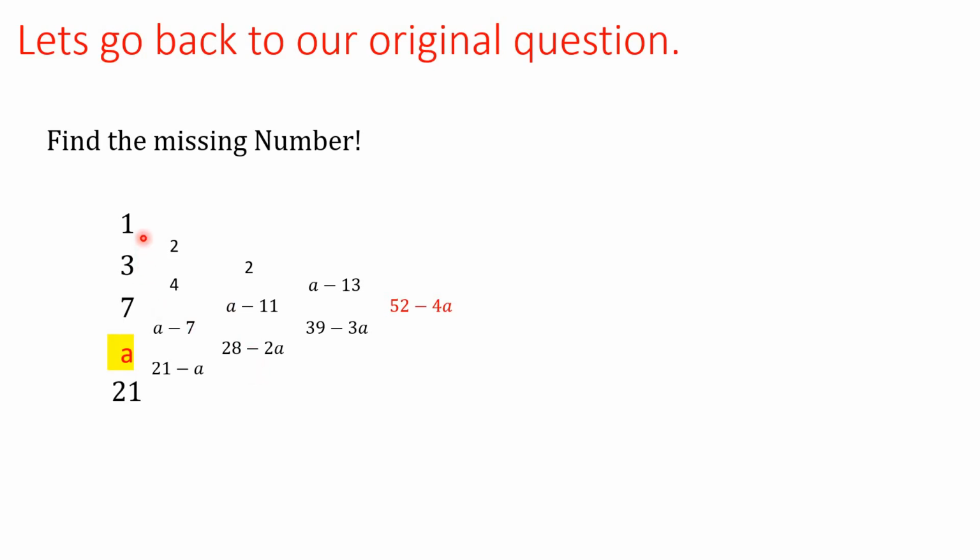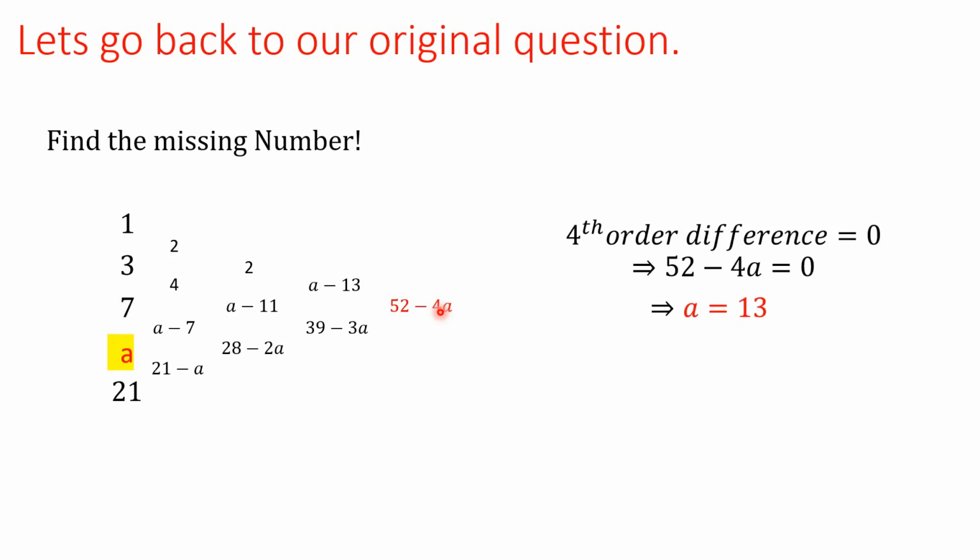Even though there are 5 numbers in the sequence, 1, 3, 7, a which is unknown and 21, this number a depends on these 4 numbers only, 1, 3, 7 and 21. So there are only 4 numbers which are going to decide the pattern for this sequence. And if there are 4 numbers, the fourth difference should be 0. In this case 52 minus 4a has to be 0. That gives us a is equal to 13. So our missing number is 13.